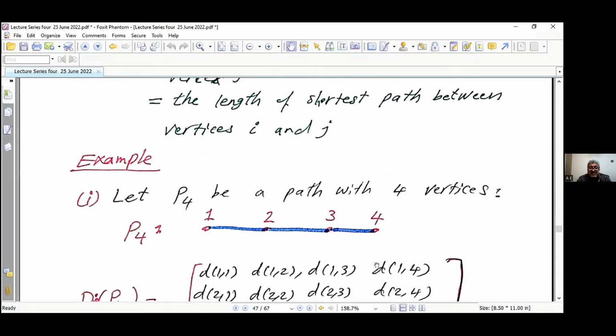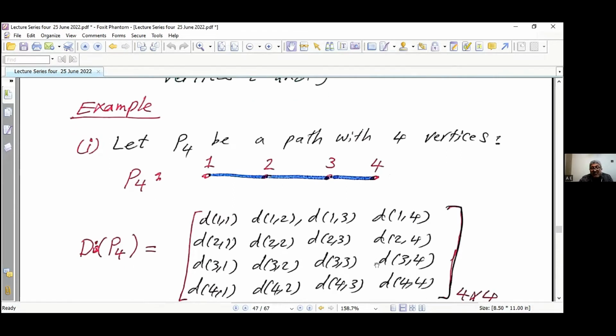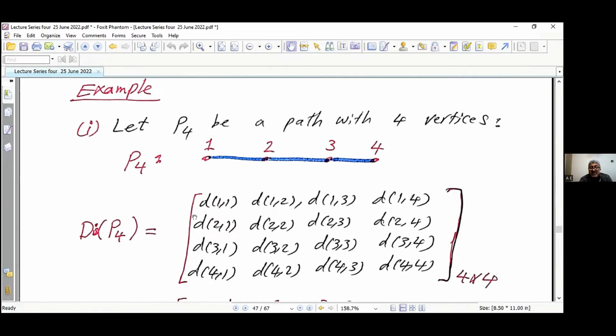Now, as an example, for P4, we have a 4 by 4 matrix. In the first row, the distance between vertex 1 and 1 is 0.